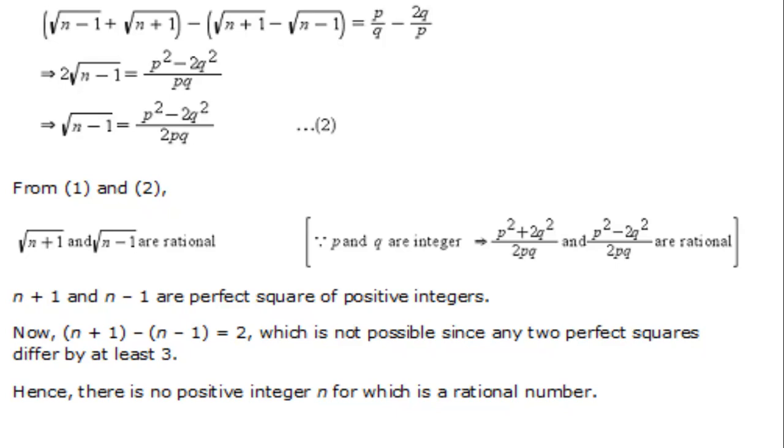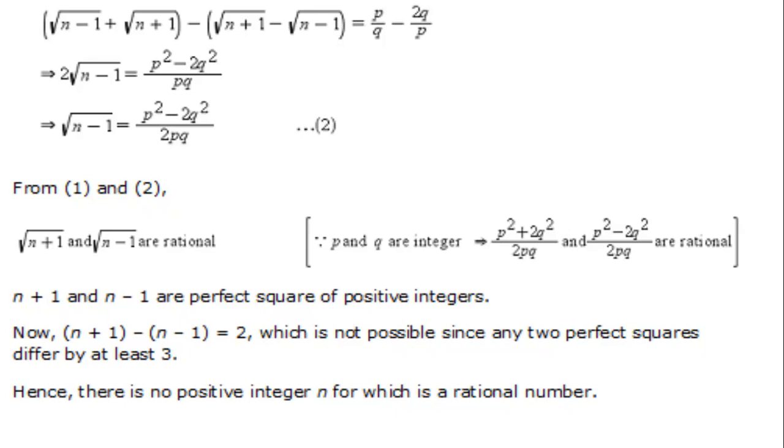And if you subtract the squares of these two, it means 4 minus 1, that will be equal to 3, at least 3. It means if you have the smallest positive numbers, then the difference of the squares is always greater than or equal to 3.